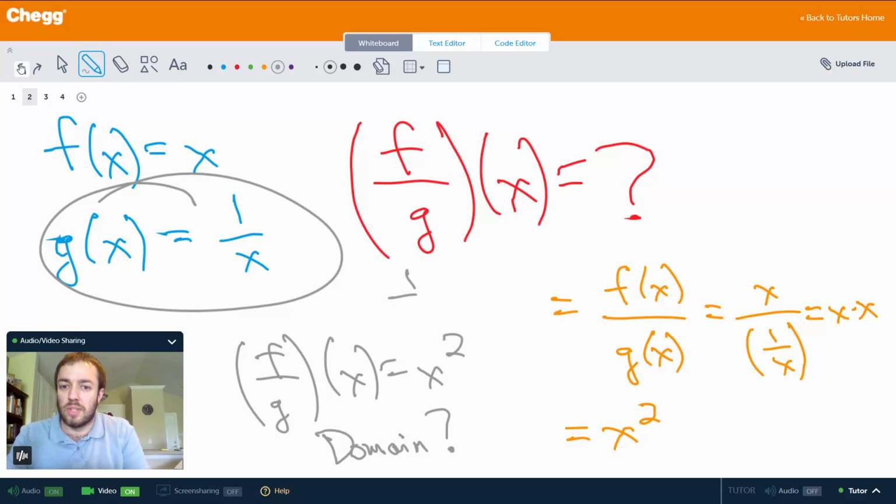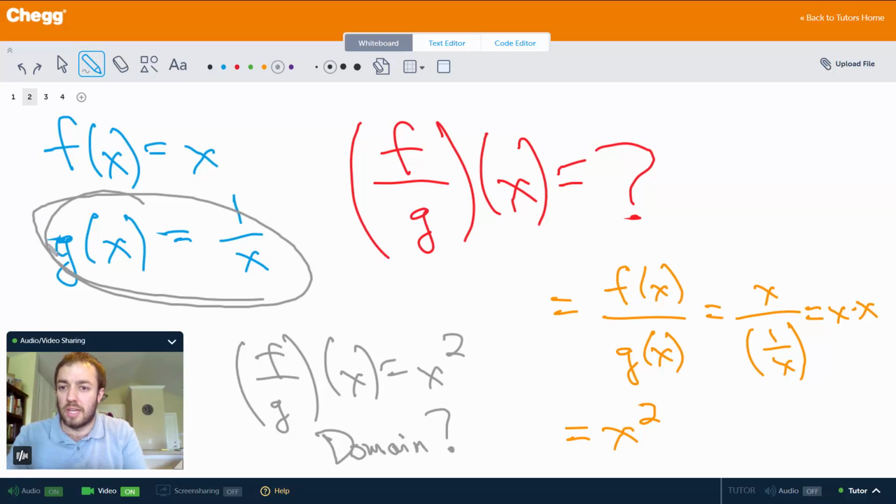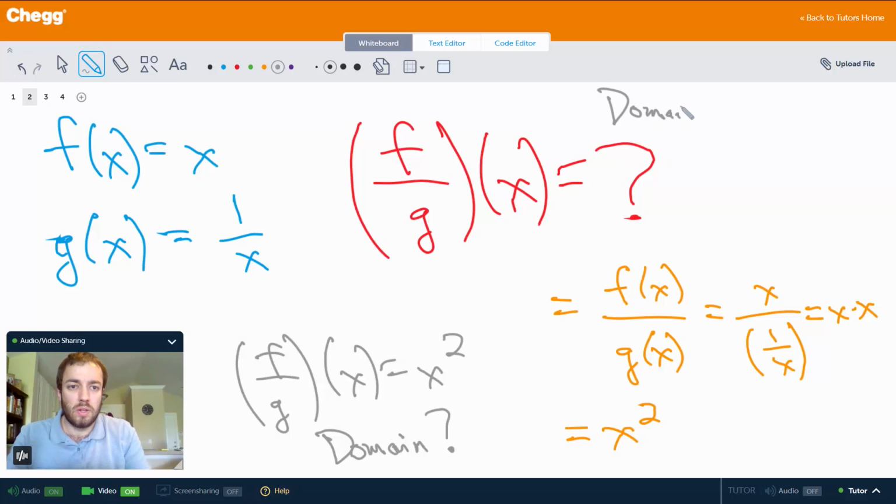But the issue is the domain of g of x itself. What is the domain of g? It is all x not equal to 0, right? X is not allowed to be 0, because if x is 0 in g, then we have 1 over 0, which is totally not allowed.